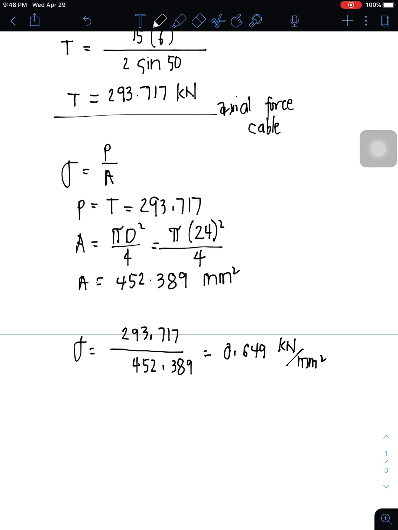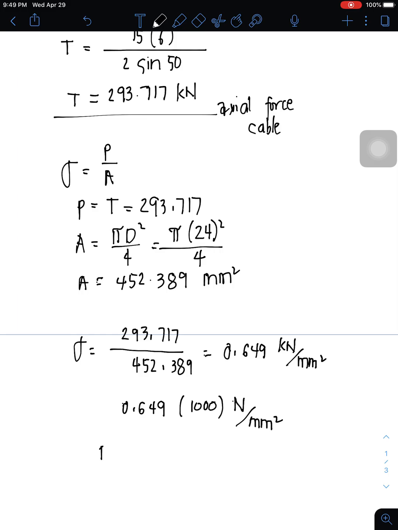Or we can rewrite that in newtons: 0.649 multiplied by 1000 to make it newtons per square mm. Why 1000?